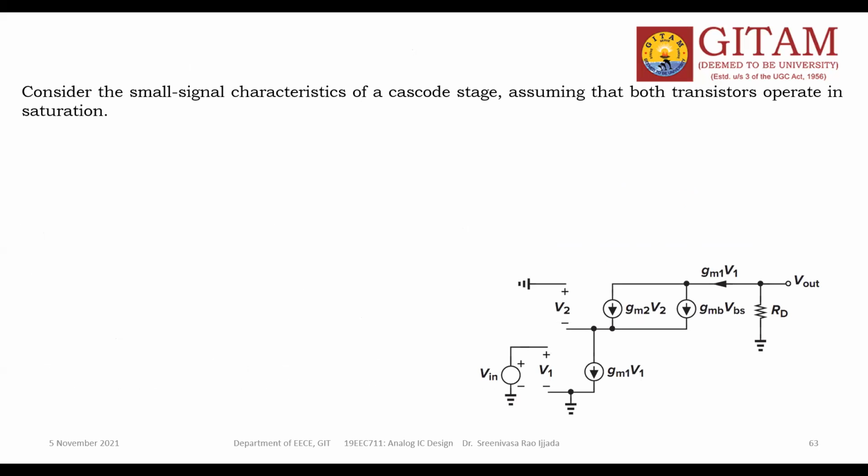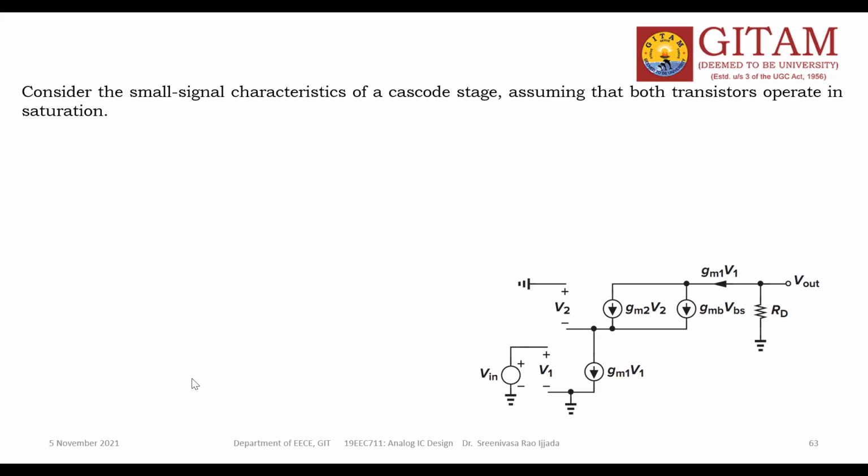The next one I'm talking about: what changes take place with cascoding of the devices has already been observed. Now it's time to draw the small signal model and find the voltage gain and impedances. This is the small signal characteristics of the cascode stage. See, this is the circuit.